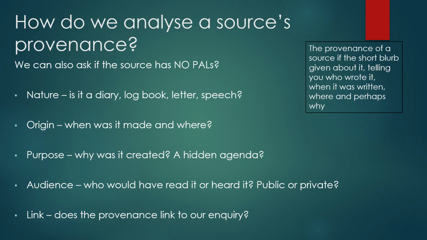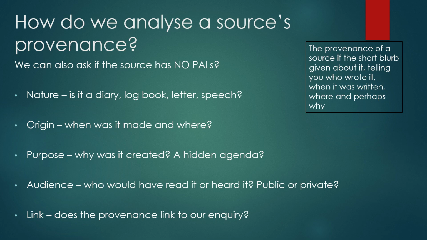I would strongly recommend as well, when you're doing the provenance paragraph, you probably do this at the end of an essay, as your penultimate paragraph before your conclusion, because I think a lot of students get so fixated on just telling, oh, the source told me it was by Wellington and he wrote about the Battle of Salamanca, therefore it's perfectly valuable.